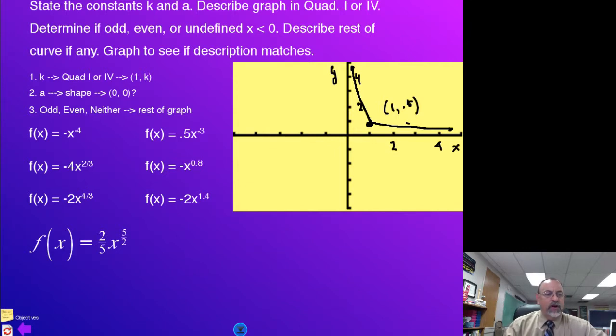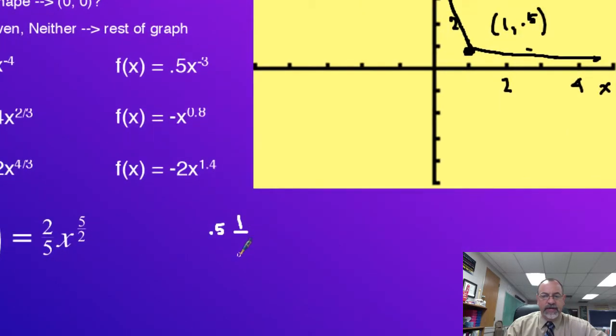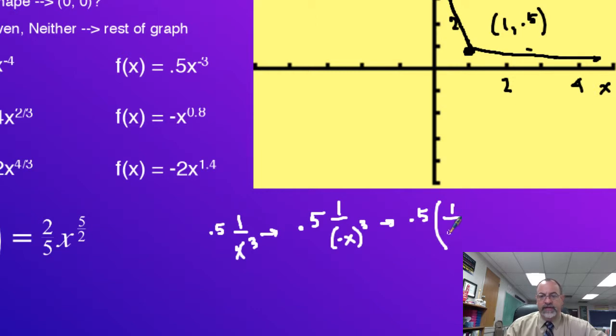Then we need to figure out if it's odd, even, or neither to figure out how to reflect this, if at all. So again, I'm going to take 0.5, and then I'm going to move the exponent down into the denominator so it's positive and I can work with it. And then I'm going to substitute in negative x. Now this is going to be negative x cubed. So this is going to be 0.5 times, I didn't write parentheses before, but I'm going to write it now, negative x cubed, which is negative x cubed.